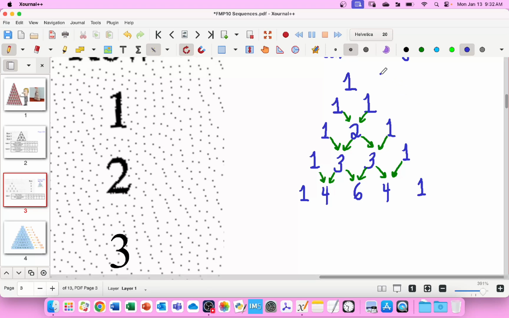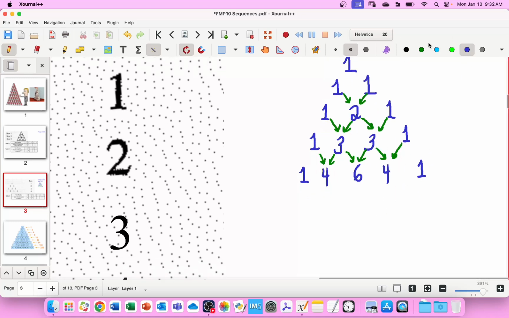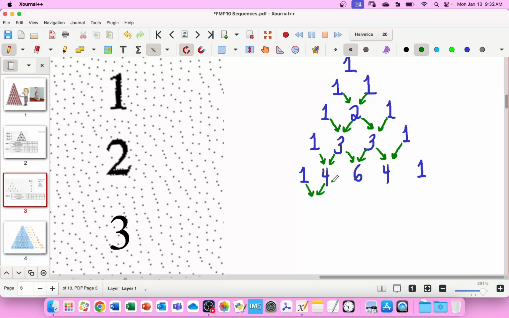You can see each subsequent row has one additional number in it. There's 1 number here, 2 numbers here, 3 numbers here, 4 numbers here, 5 numbers here. The next row will have 6 numbers. What will those numbers be? Well, let's see.